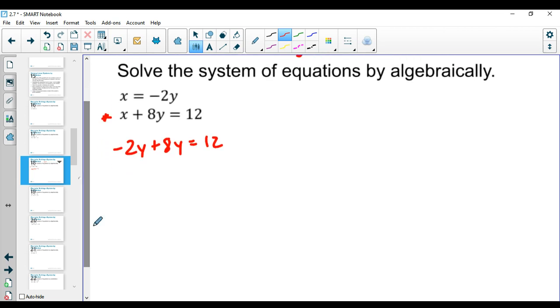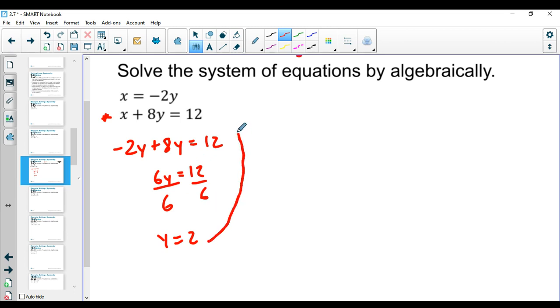Now, we have one equation with one variable, so we could solve for y. Negative 2y plus 8y is going to be positive 6y. Then we just divide by 6 to get y equals 2. And now we have a y value, and we still need our x value because remember, our answer is a point. So we can plug it into the top or bottom.